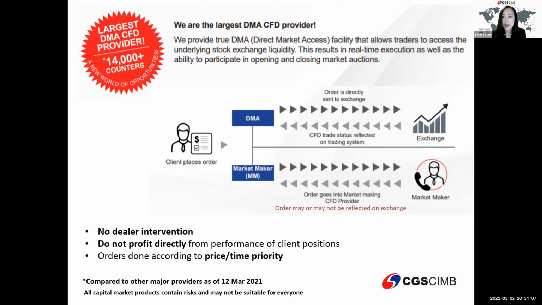For the market making model, even if you queue at $10, you know you are there, but they will not show you where you are. So let's say you put an order to buy at $10, and the bid and offer is still $10, 10.01. If someone is selling at $10, even though the $10 bid has been taken up and it now becomes $9.99, 10.01, your order may still not be done.